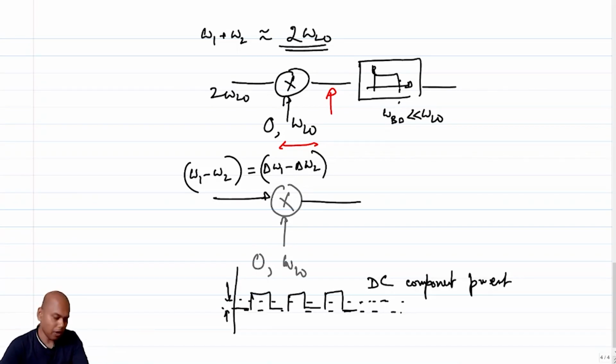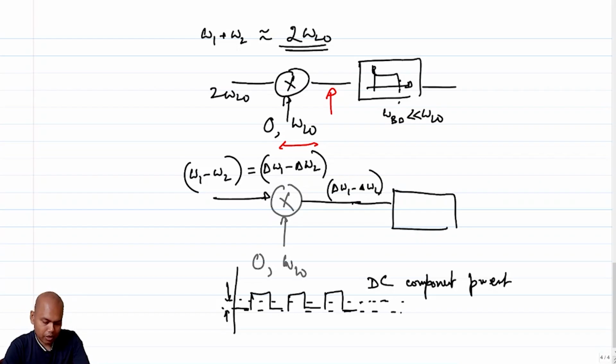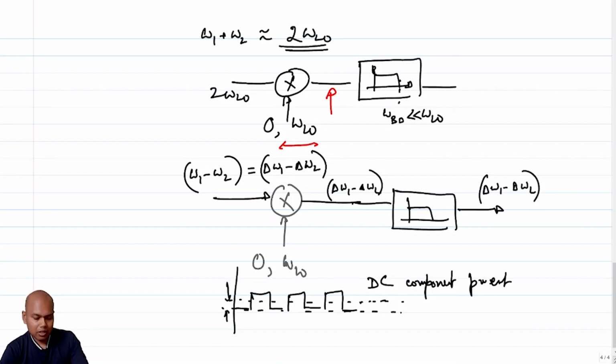But in this case, it's a problem because your delta omega 1 minus delta omega 2 is going to get multiplied with the DC term, and basically it is going to pass on, and you are going to get delta omega 1 minus delta omega 2 here also. Correct? You are going to get the higher term also by multiplying with omega LO, but we are not considering that, because ultimately the low pass filter will filter that term out. But you are going to get delta omega 1 minus delta omega 2 here also, right?